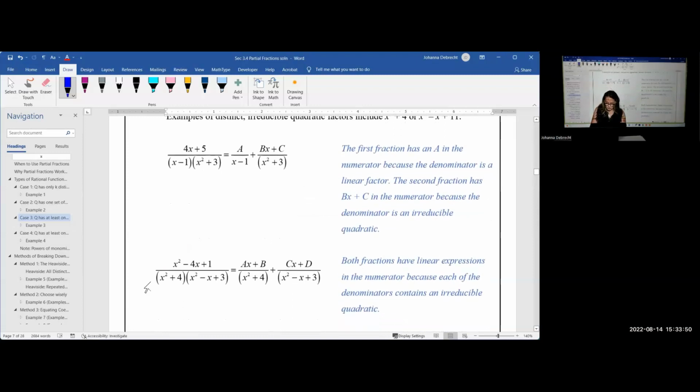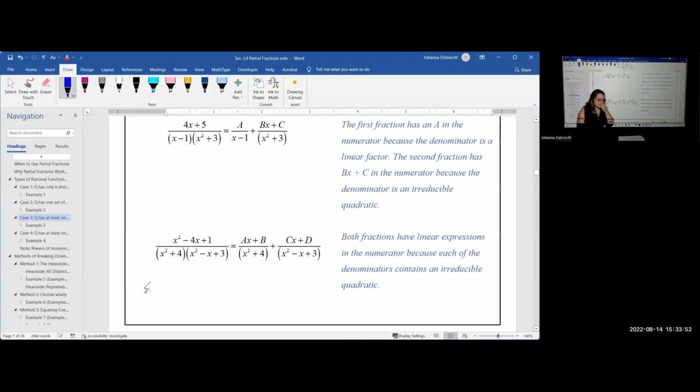So here's the first one we want to take a look at. We have 4x plus 5 in the numerator divided by the linear factor x minus 1 and the irreducible non-factorable quadratic factor x squared plus 3. So we can split this apart. We need one term with the linear factor x minus 1 because it only shows up one time.